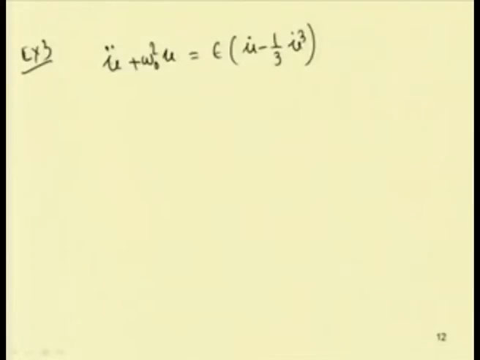By putting u dot and u double dot equal to 0, one can obtain the equilibrium solution as omega 0 squared u equal to 0, or u equal to 0. So u equal to 0 represents the equilibrium solution in this case.